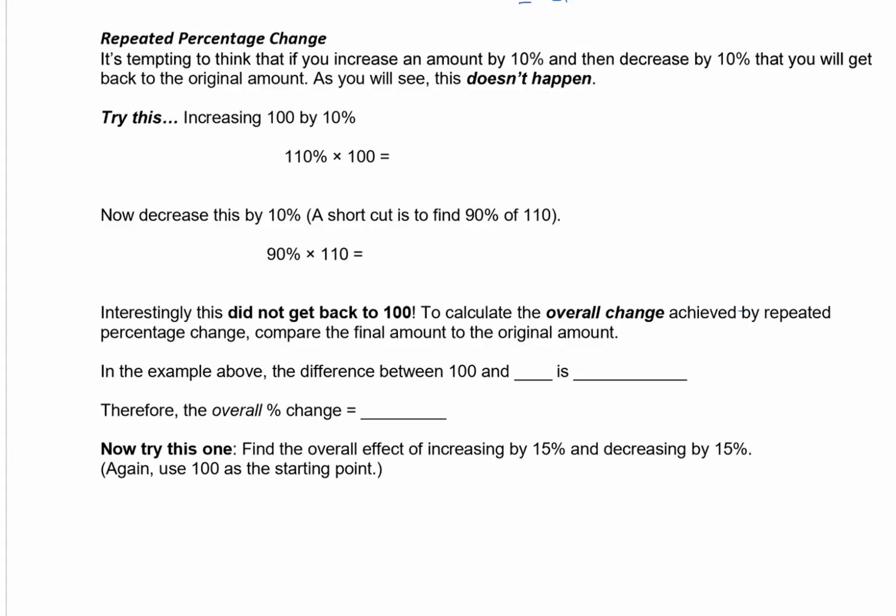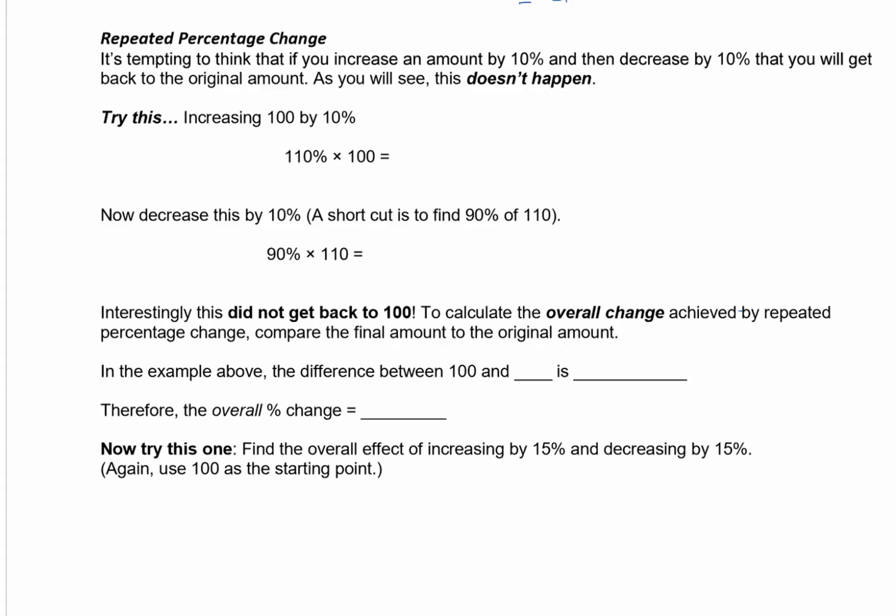Similarly, if you added on 3%, then took that amount and subtracted 3%, you don't get back to where you started. That's what we mean by repeated percentage change.